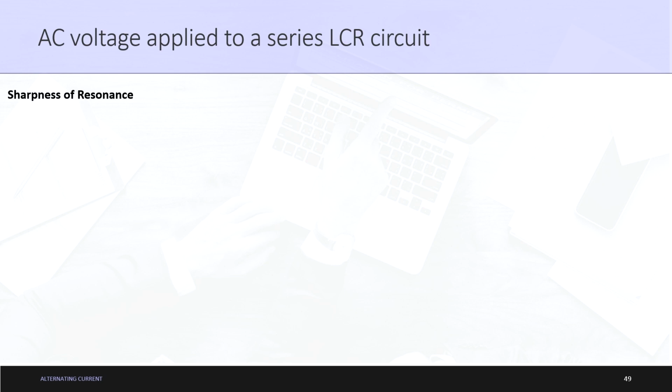What is the value of current being obtained in the series LCR circuit? The current in a series LCR circuit is always equal to Vm upon capital Z. If I write the exact value of capital Z, it is equal to Vm upon root over R square plus Xc minus XL whole square.